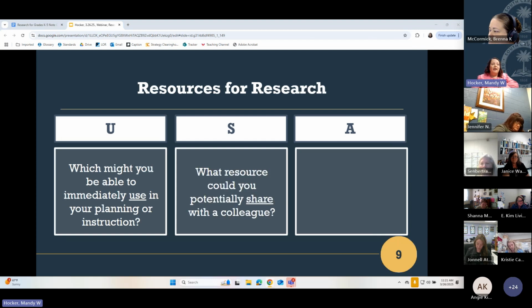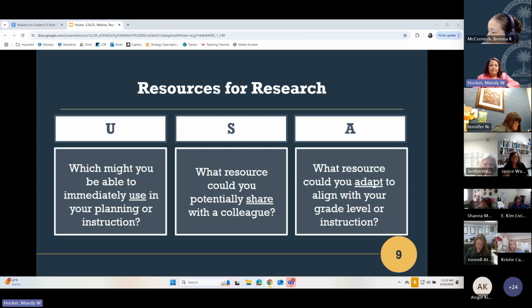So what might you be able to immediately use from these ideas? What resource could you potentially share with a colleague or someone at your school or in your district? And then what resource could you adapt to align with your grade level instruction? Take a look at these resources and go ahead and respond on your note catcher.